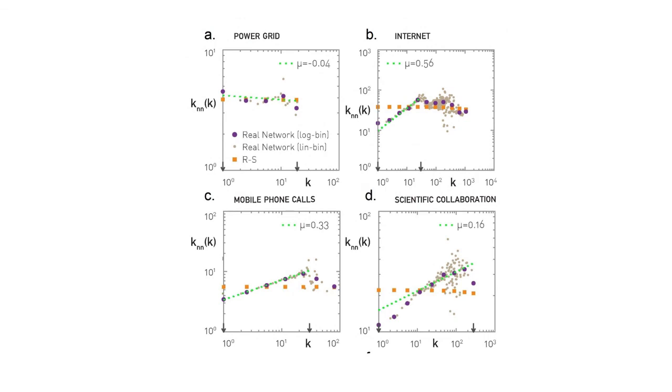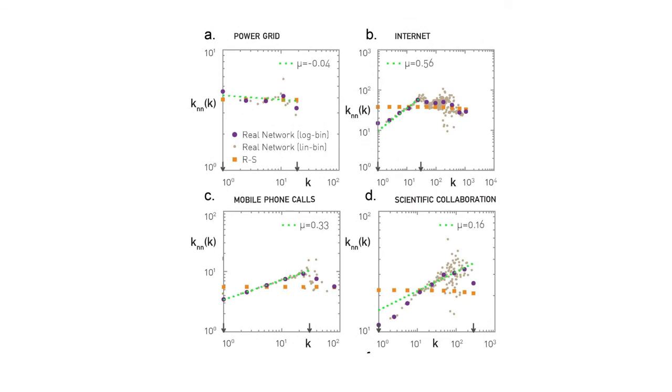Nodes don't form links to each other based on whether they have similar degree values, but because they're geographically proximate. Our mu value here is equal to negative 0.04, which, if we look at the error values, gets us really close to being flat 0.